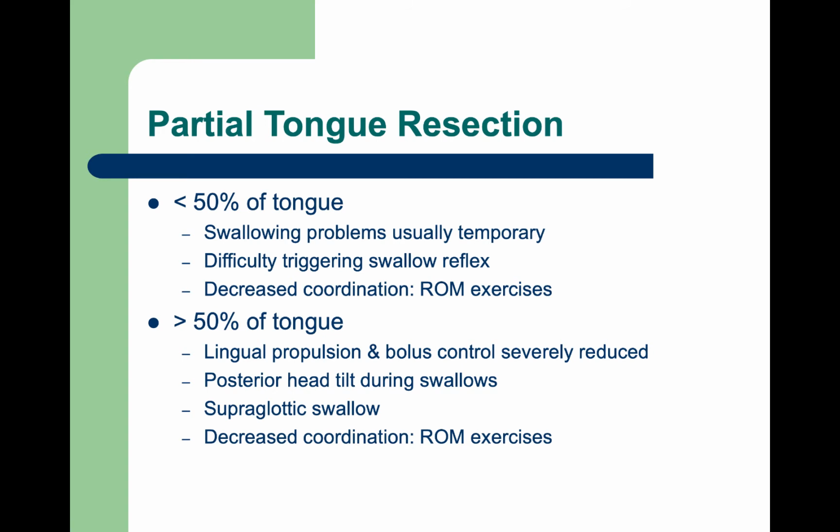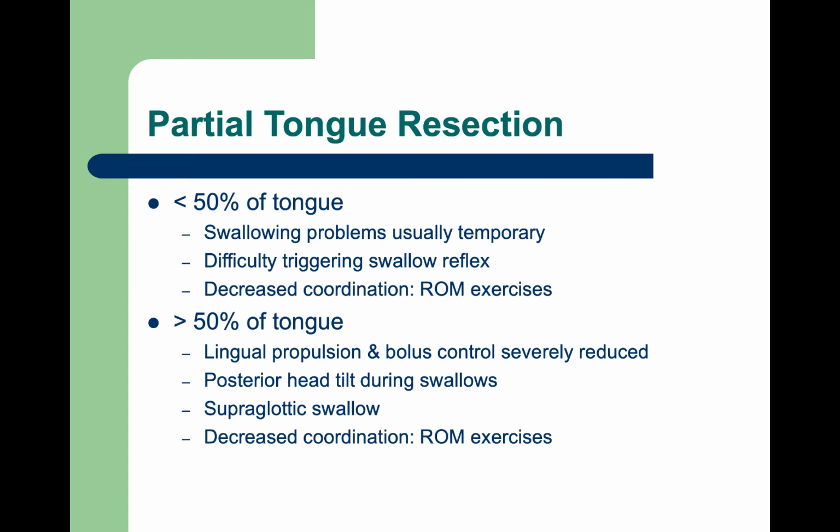Some patients can tilt their head backwards, what we might call a dump and swallow strategy. And some patients can swallow liquids or thinned paste consistencies, using that head up to help propel the bolus posteriorly into the pharynx.